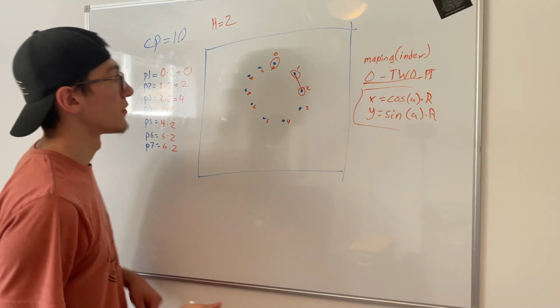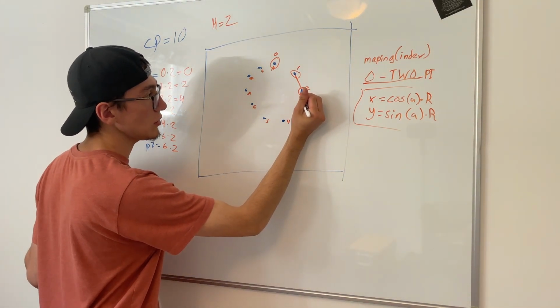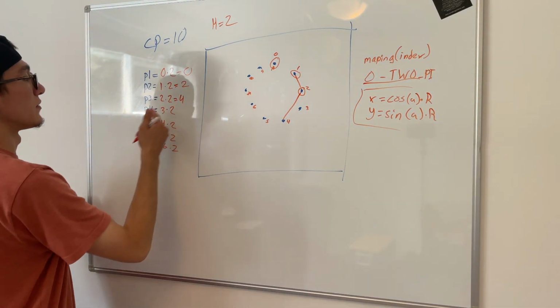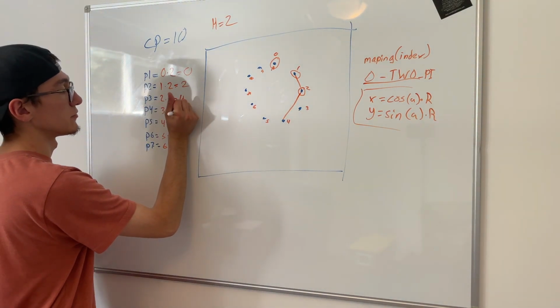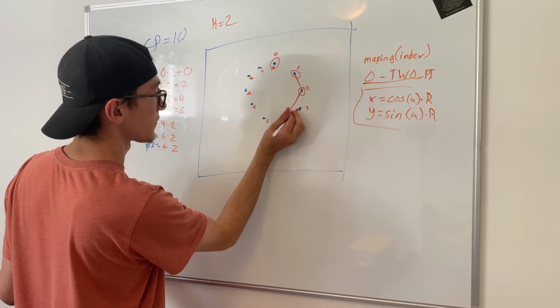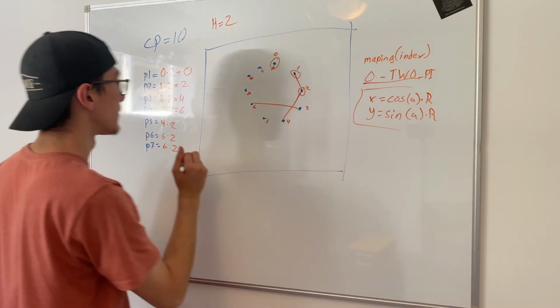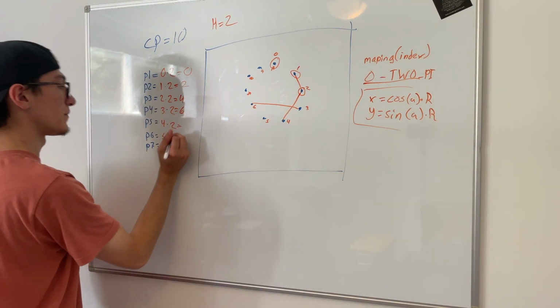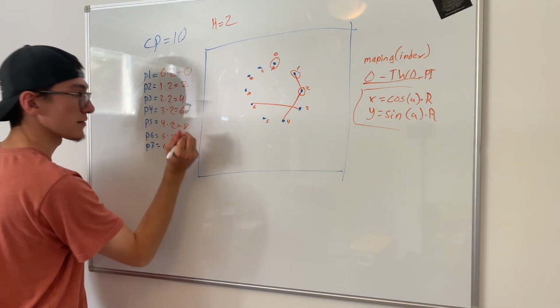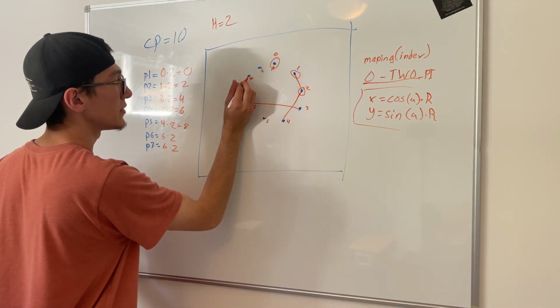Okay, great. So we go from 2 to 4. Then for index 3, we go to 6, right? So from 3 to 6. There. So on and so forth. So index 4 times 2 is 8. So we go from 4 to 8.